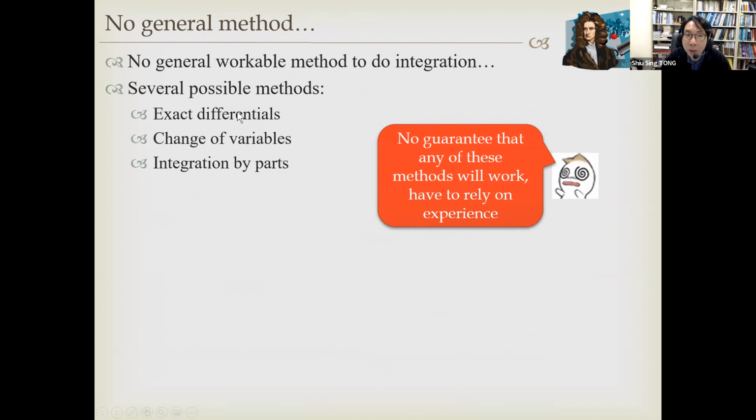There is no general workable method for integration. And in fact, for most functions, the integral cannot be expressed in terms of elementary functions. So there's no guarantee that any integration method will work. But normally we will rely on the following methods to do integration. The first one is exact differential. The second one is change of variable. And the third one is integration by parts.